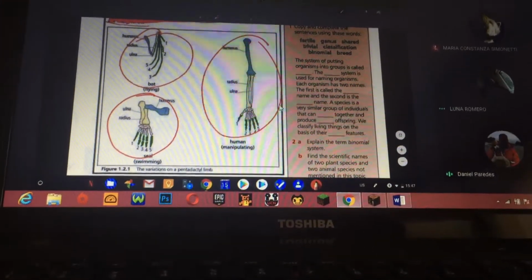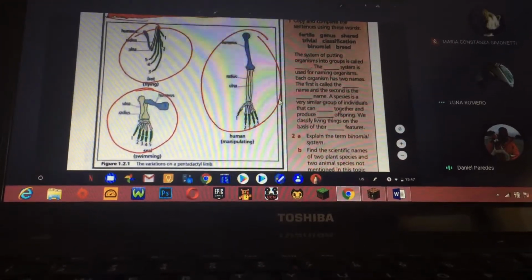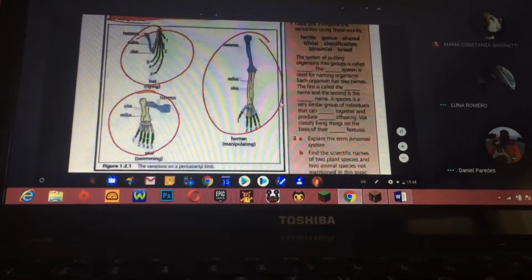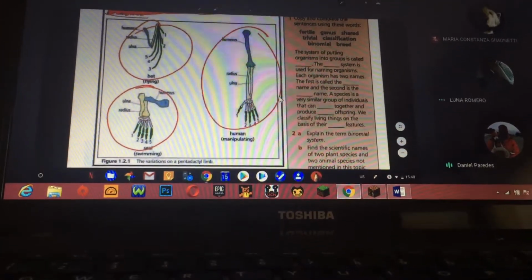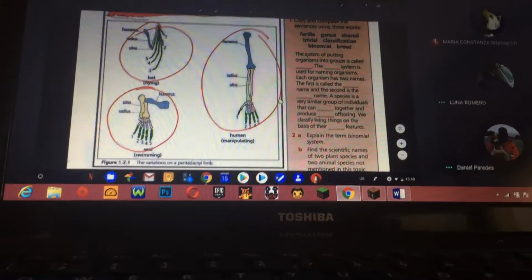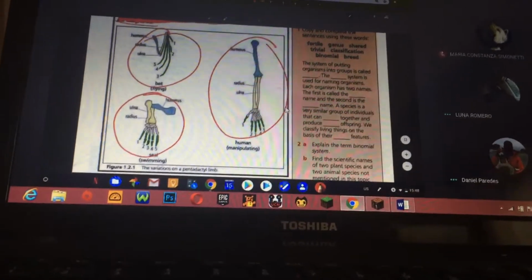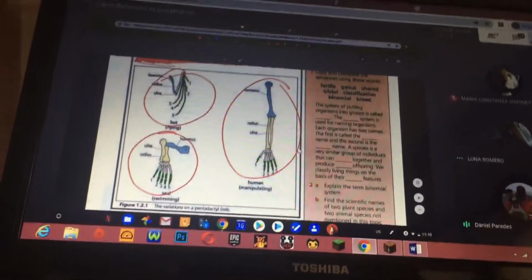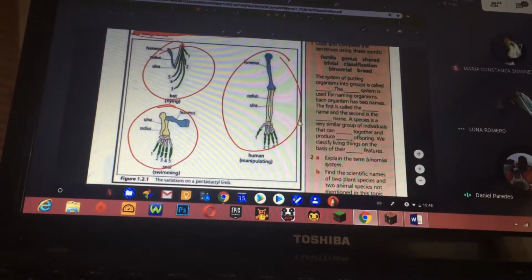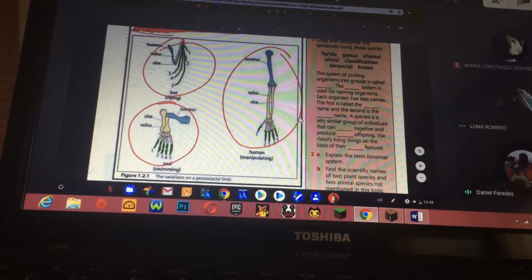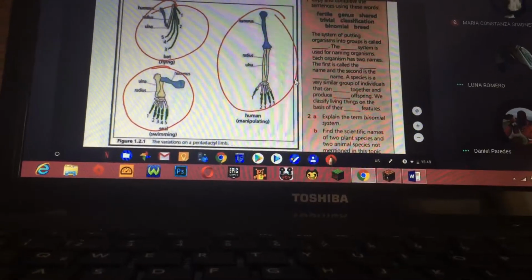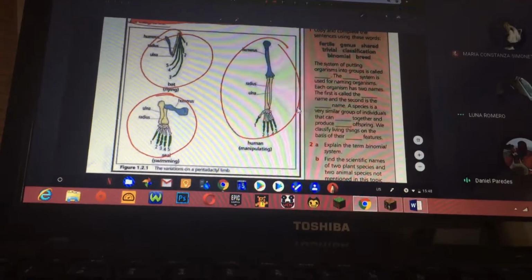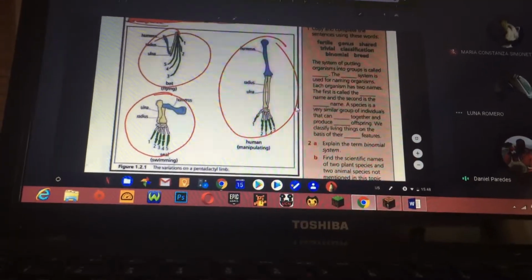Not a long time ago, we thought we were very different creatures. And we are not. We are very closely related. Whether you like it or not, a bat, an ugly bat, and a human being are very closely related cousins. Look at the anatomy of a bat and the anatomy of a human being.